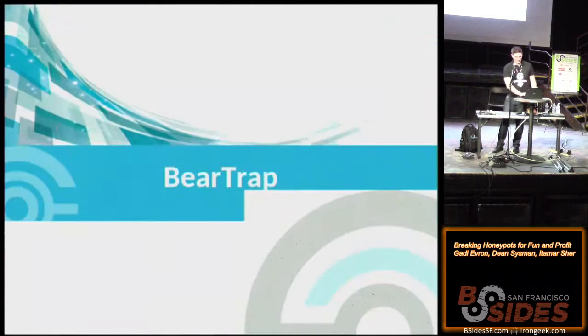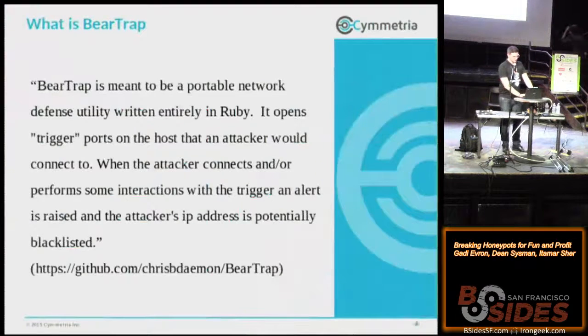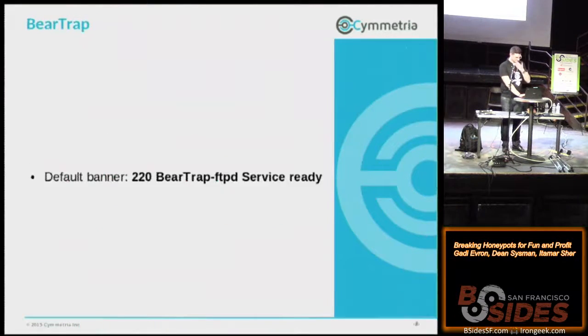Okay, so now the next step is Bear Trap. Bear Trap is pretty similar to Artillery, only that it does some amount of actual implementation of the service that it's doing. But apart from trying to implement the service, it does nothing in order to hide its actual function as a honeypot.